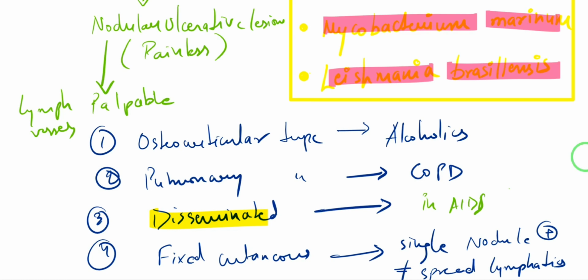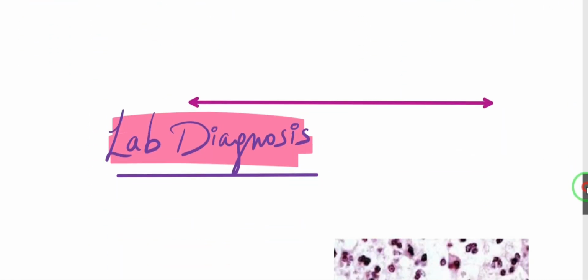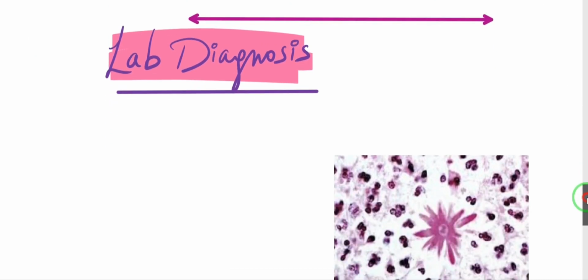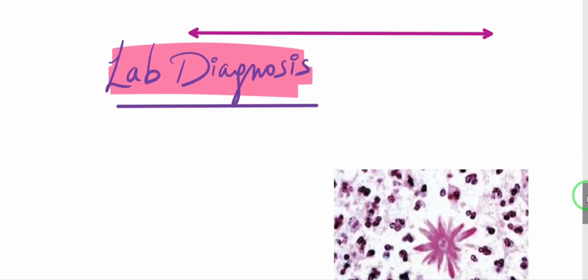Now we are going to see how we are going to diagnose a case of sporotrichosis. First of all, sporotrichosis, by the way, is present in India, mostly in the sub-Himalayan hilly areas. So for the lab diagnosis, we are going to collect the samples.